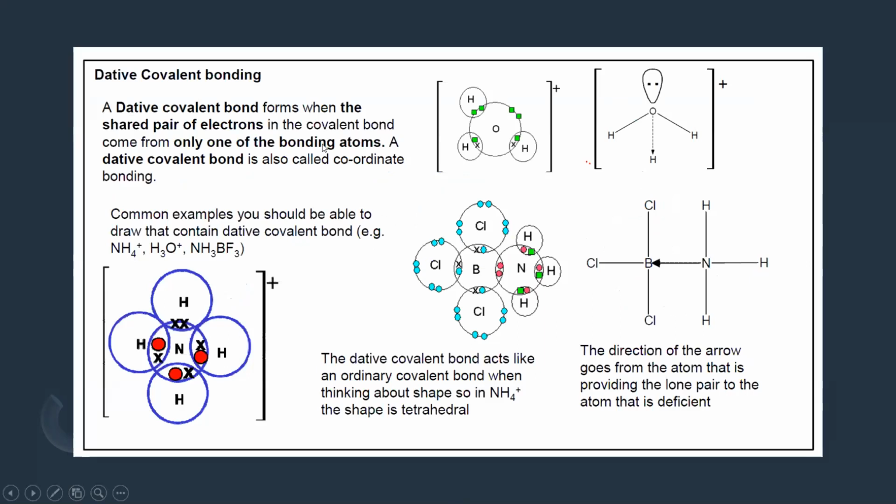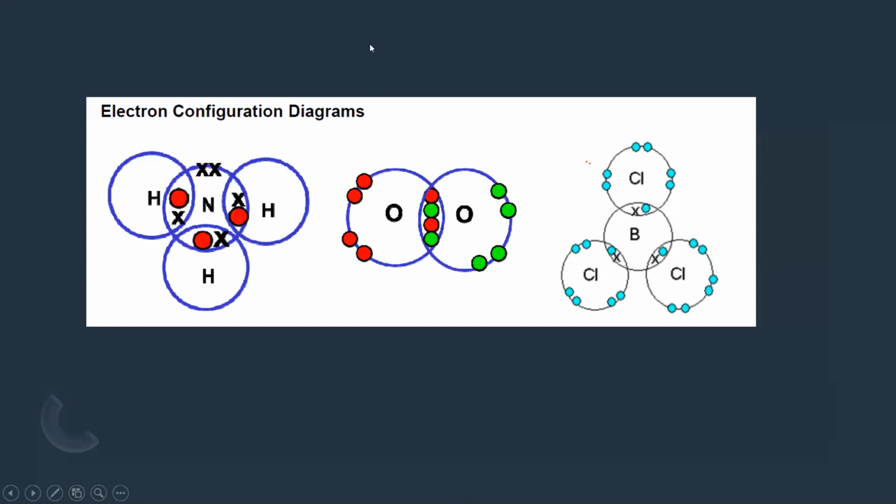Now the second type of bond, what we call dative bonding. In a covalent bond, you can see the electrons are shared between the two atoms, one electron given by hydrogen, for example, and another by nitrogen. Same case with oxygen, where each gives an electron. In the same way, boron and chlorine are sharing. But what is a dative bond? A dative bond means there is a sharing of electrons, but both electrons are coming from one atom.